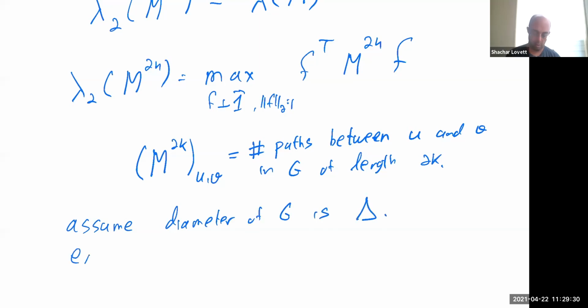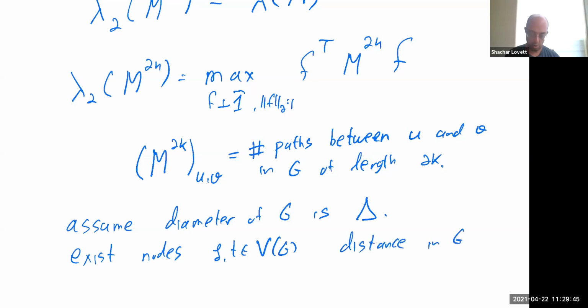So there exist nodes S and T in the vertices of G, such that the distance in G between S and T is exactly delta. So I'm going to choose the two furthest away nodes in this graph.